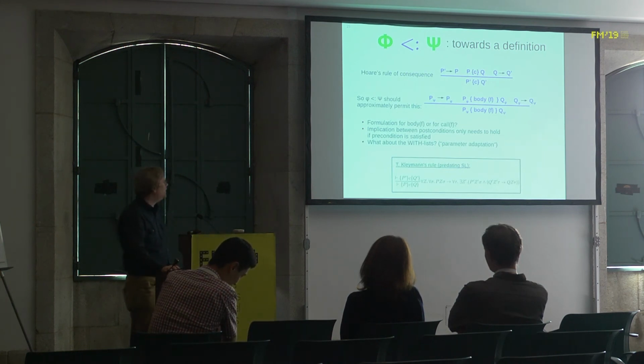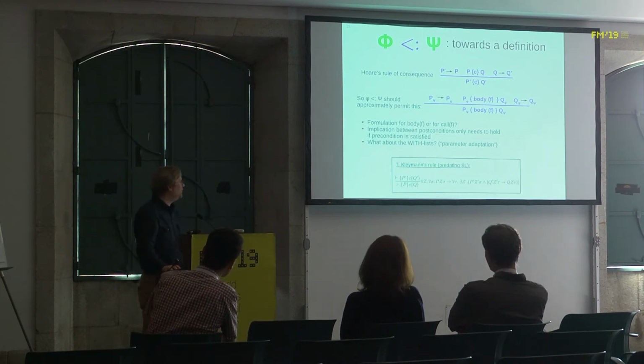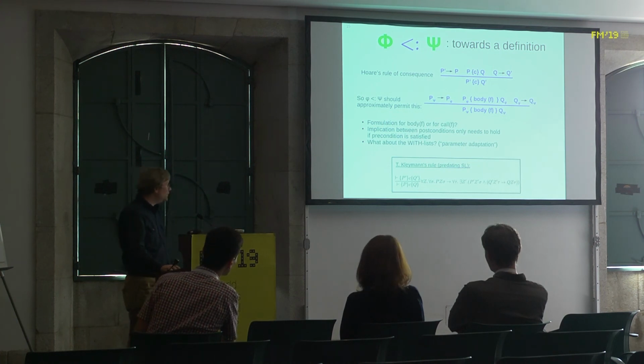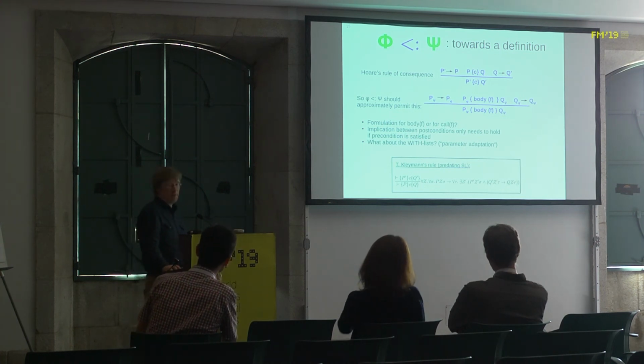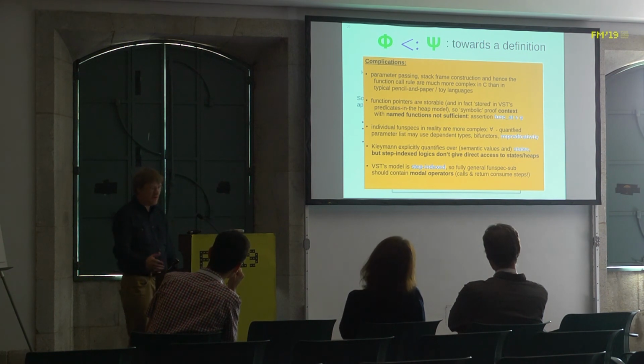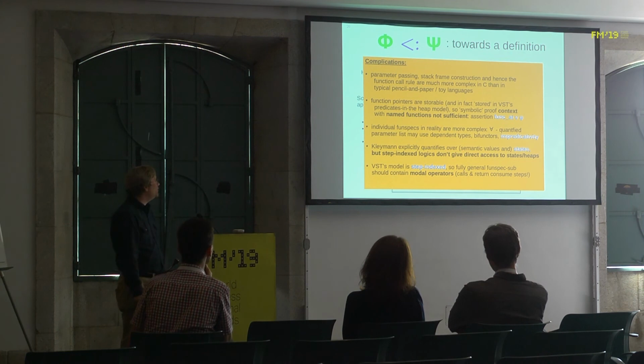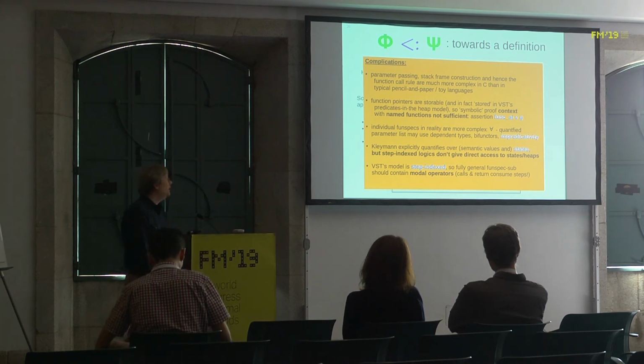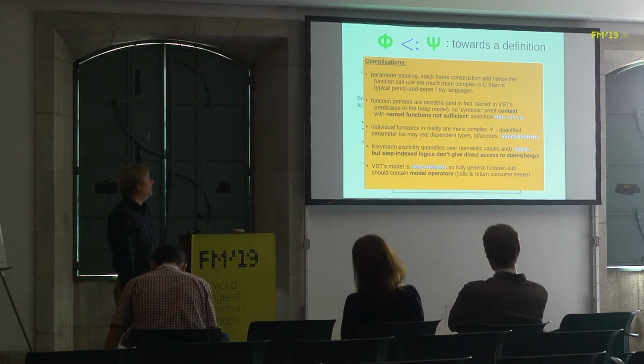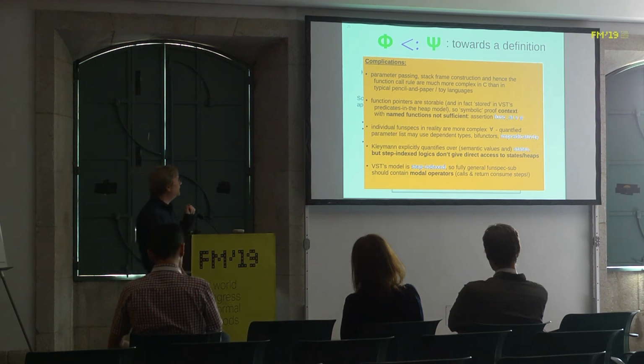And so Thomas Kleymann sorted this out for a toy language about 20 years ago, but now that we have another 15 years of program logic and separation logic, there are additional complications that come up here that he did not have to consider. The existence of function pointers is one. The expressivity of our logic is another aspect.